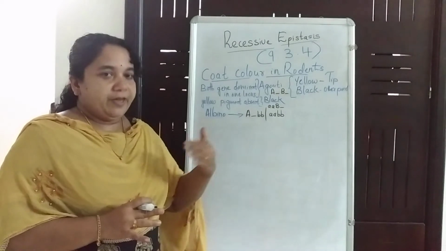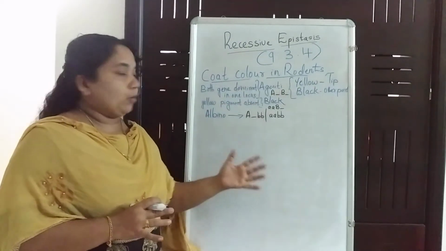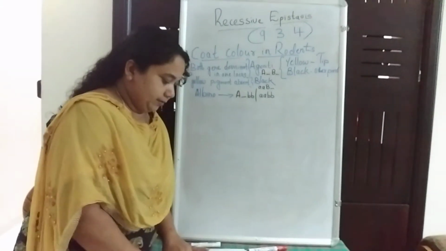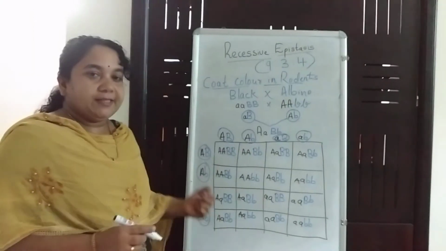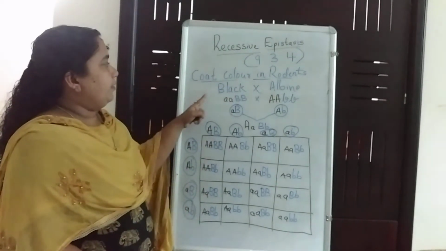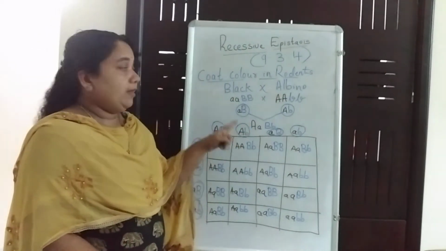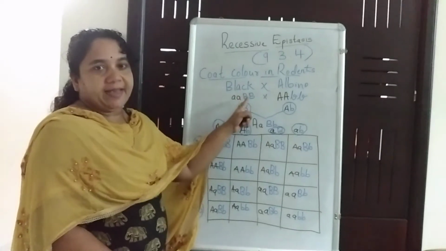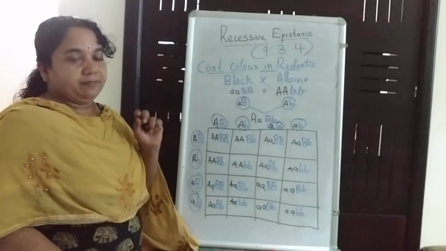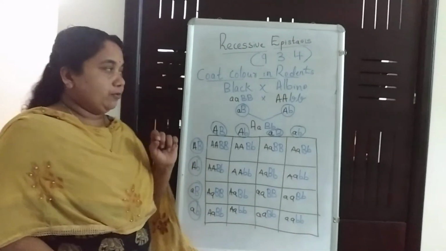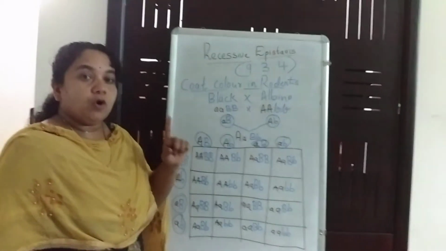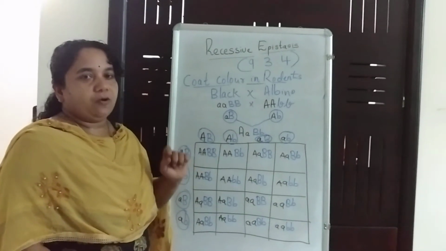Then we can have a look at the cross. Let us look at how the ratio is formed. We can select the cross by selecting a black mouse with an albino mouse. But students, you have to take care that the selected ones should be homozygous for each locus.